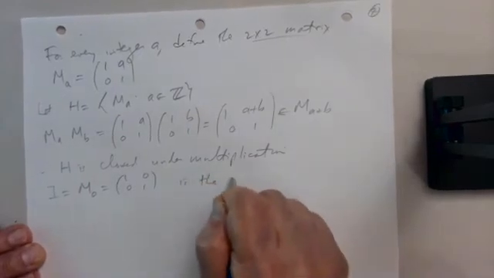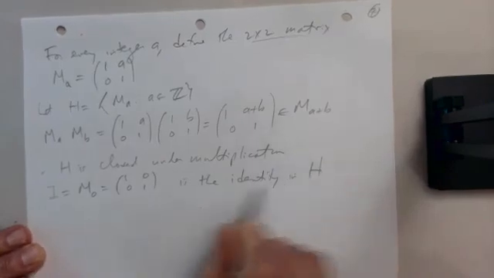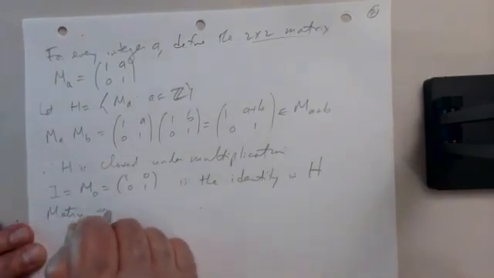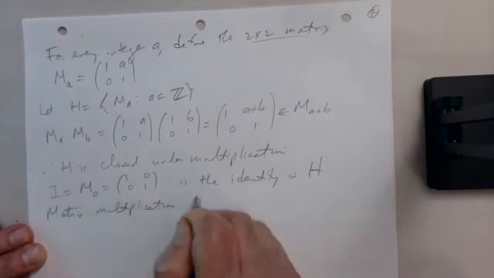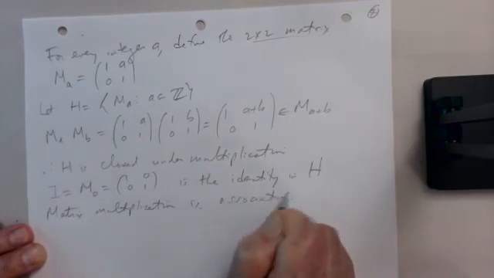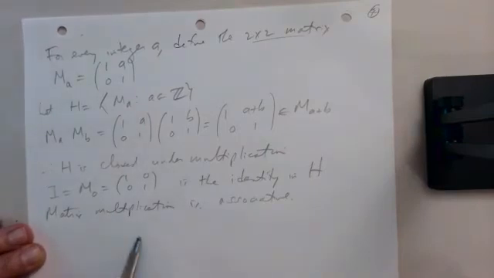So this is the multiplicative identity in H. And matrix multiplication is associative. At some point, I'll write out the proof of this. It's just a little calculation. But for any matrices, take 2 by 2 matrices, for example, the matrix multiplication is associative.